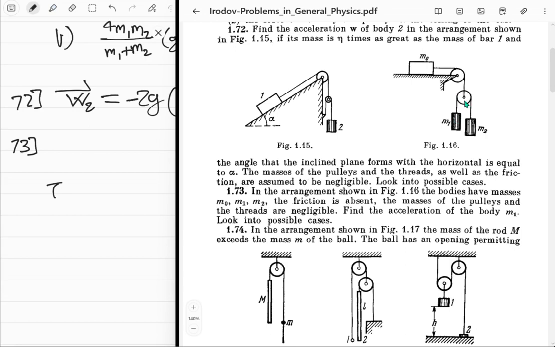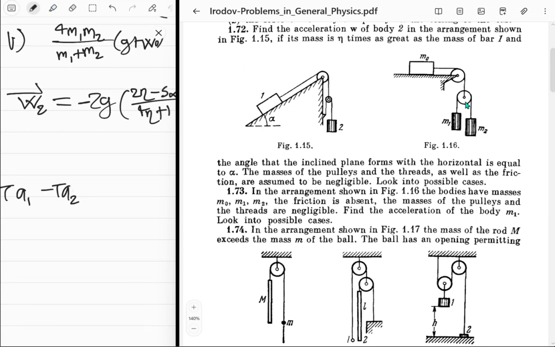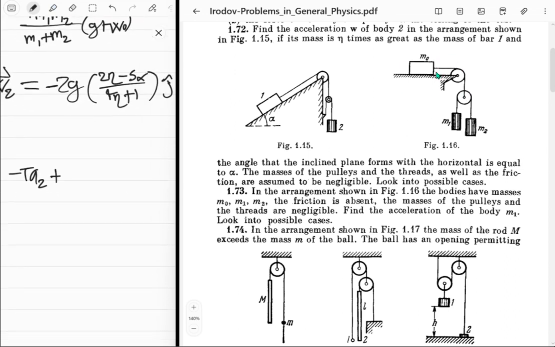No, going down is the better thing to assume. So then it will be negative T times acceleration of 1 downward, then negative T times acceleration of 2 downward. Plus, over here it's 2T pulling on this thing. So 2T times acceleration of the zeroth one, because both are in the same direction, and that should be equal to 0.